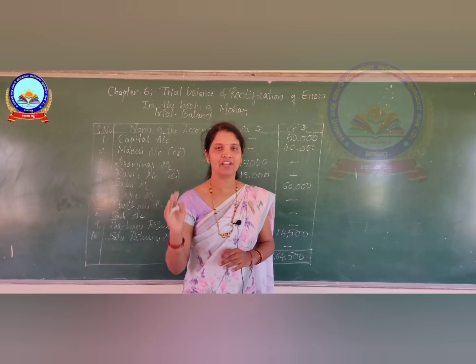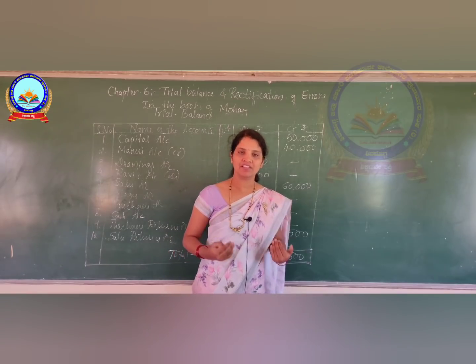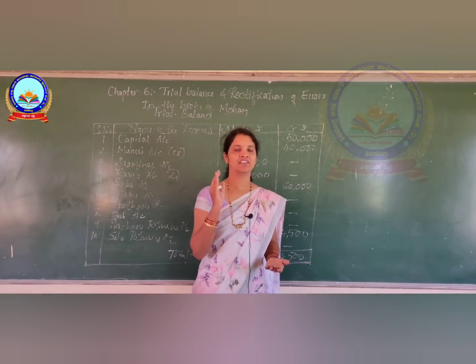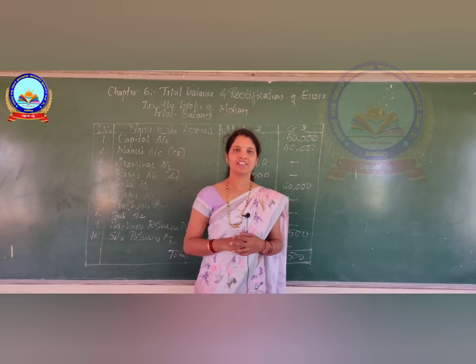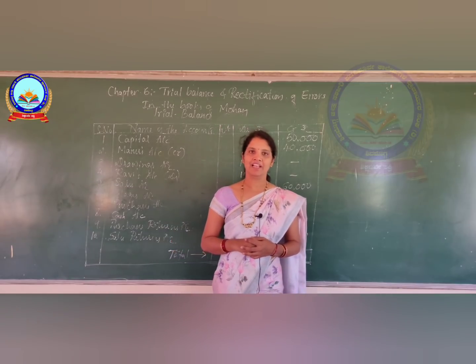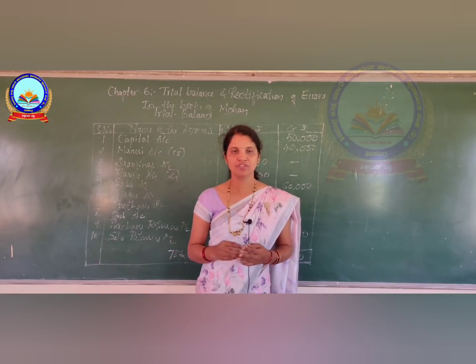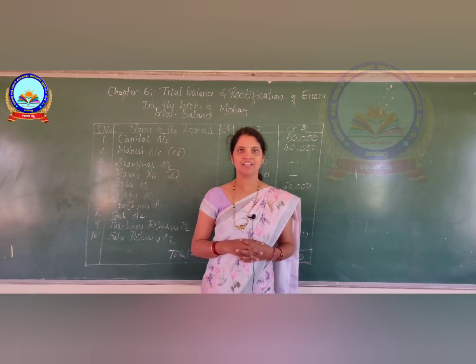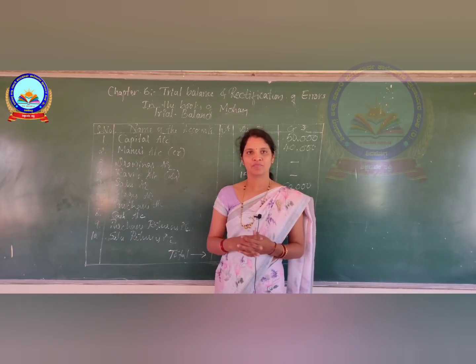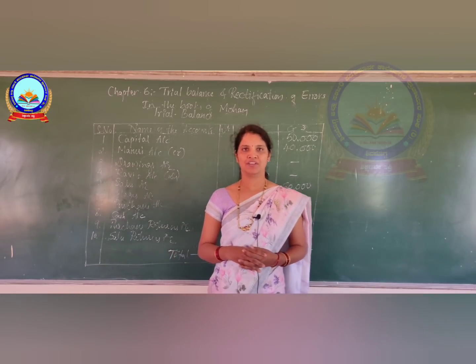Expenses debit, revenues credit. Receivables debit, payables credit. Capital credit, drawings debit. Assets debit, liabilities credit. So these are the balances of various accounts. Keep in mind, any gains credit, any losses debit. These are the trial balance preparation hints.